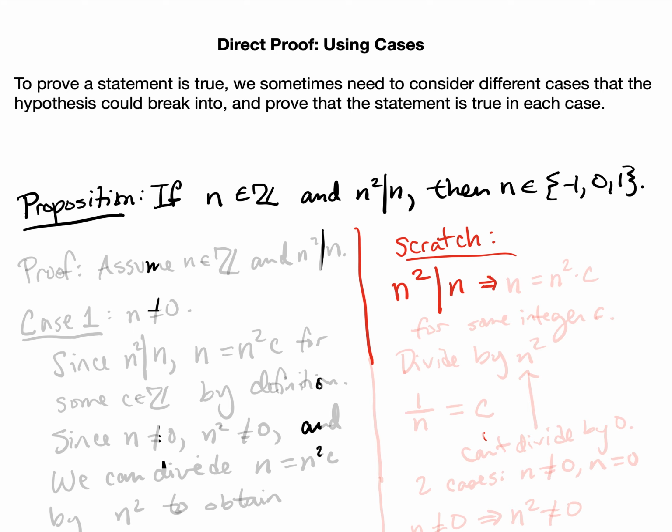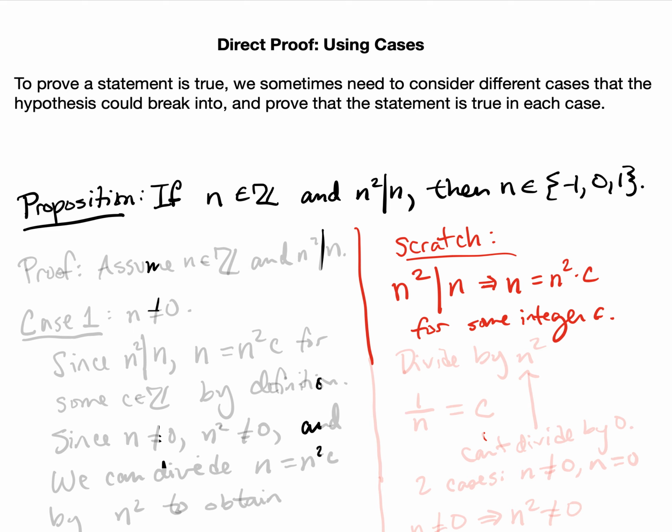That would mean that n is equal to n squared times c for some integer c. And then we're trying to prove something about n.